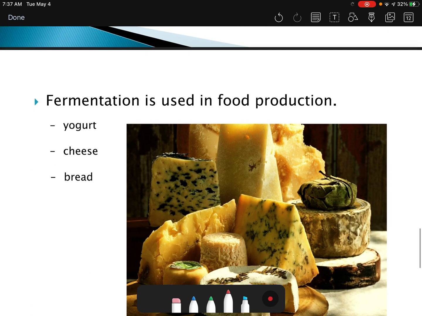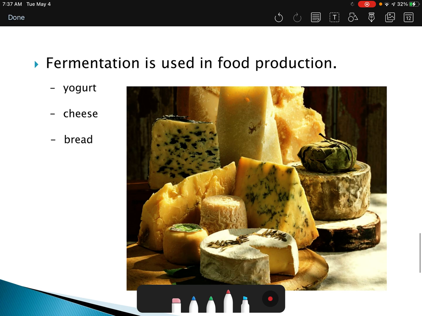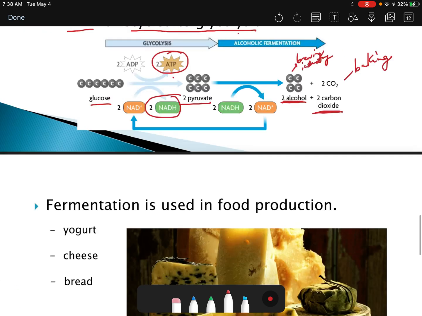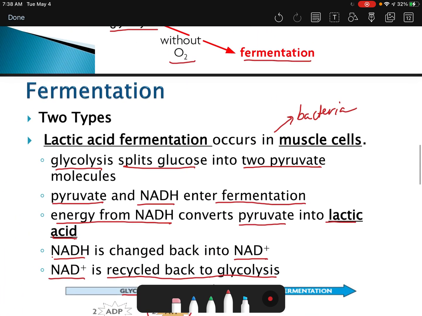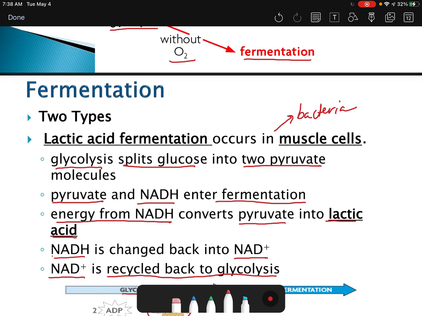All right. So fermentation is used in food production. If we go back here, lactic acid fermentation, remember I said it occurs in bacteria. Things like yogurt and cheese utilize lactic acid fermentation. That's why that yogurt, especially if you've ever had plain yogurt, it's very sour. It's like sour cream. It's very tart because it's released this lactic acid here.